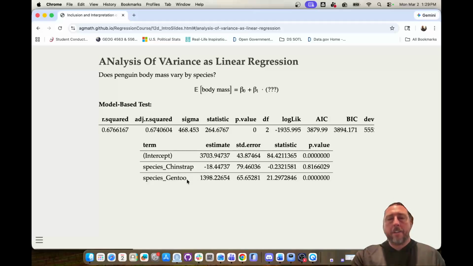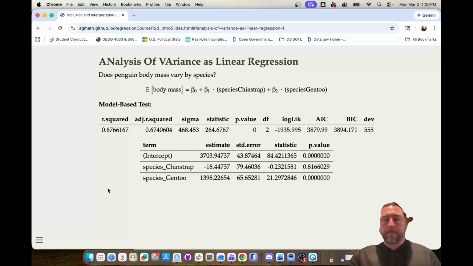So I've got not just one variable term here. I've got two of them. I've got one for the species being chinstrap and one for the species being Gentoo. We're going to circle back to this later, but the model, as suggested by this table output at the bottom, is one that has an intercept and then a coefficient times species chinstrap and another coefficient times species Gentoo.